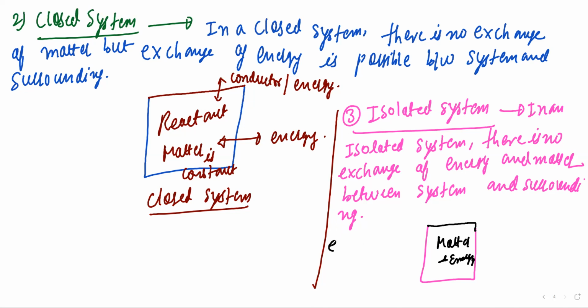So its examples are a thermos flask and an insulated vessel. That is called an isolated system. So right up to this point, then we'll move ahead.